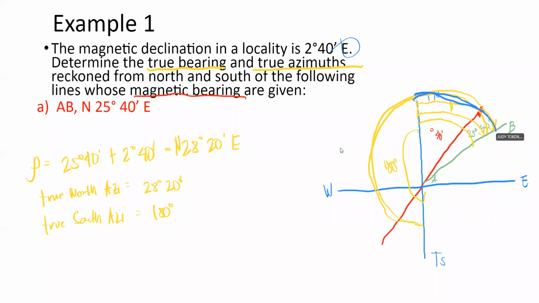Ilan yung angle na yan, di ba? Nakuha na natin yung kanina. That would be 28 degrees 20 minutes. So, we have 208 degrees 20 minutes. So, ganun lang yung pagkuha niyan.